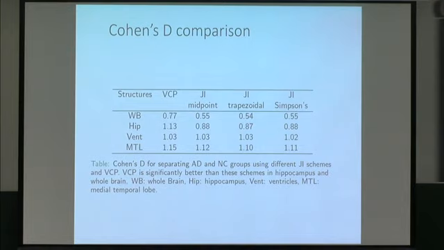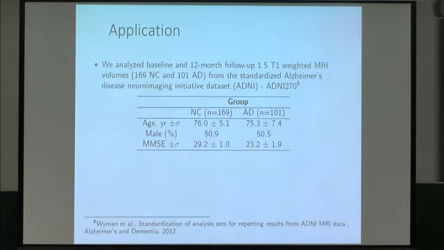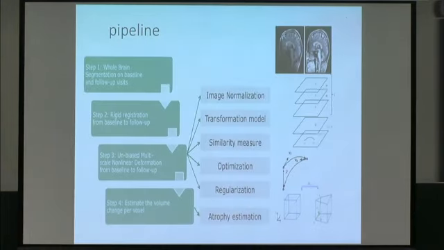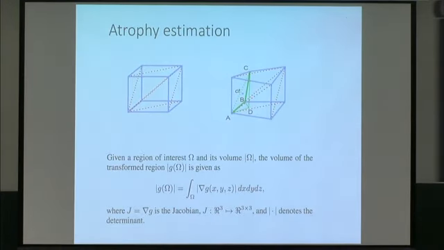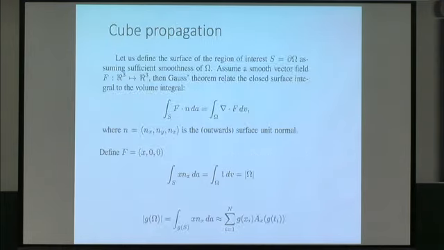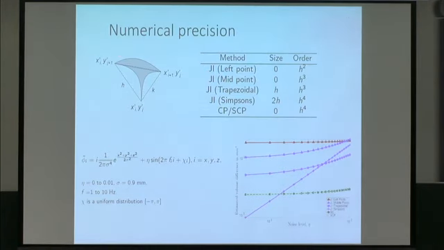And VCP is the method where, one way to look at it, for all the cubes in the image we are doing a tetrahedral meshing, but we're doing it with a surface integral instead. And then we are assuming that all the triangles are linear afterwards.